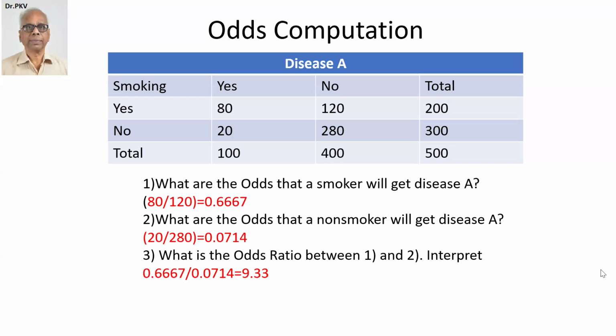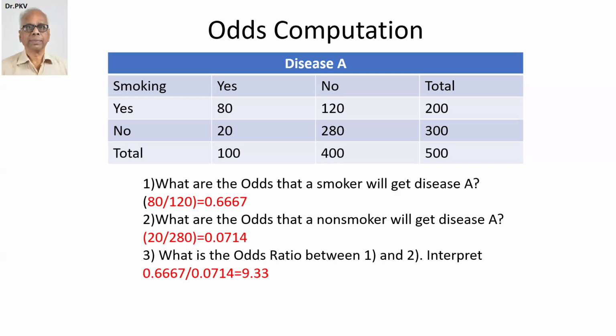It's small. Now, the interpretation of the last one is very interesting. This is 9.33, the ratio between these two. What does it show? It shows that the odds that a smoker getting the disease A is 9.33 times that of a non-smoker getting disease A, which tells a story.